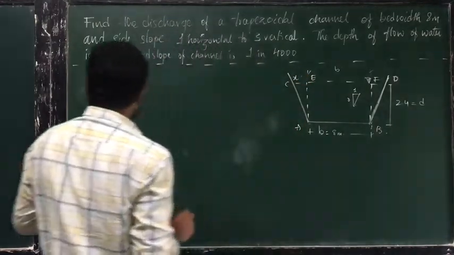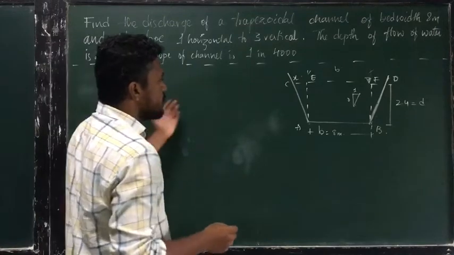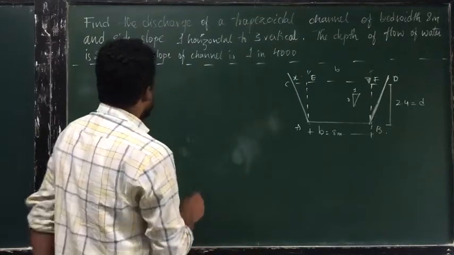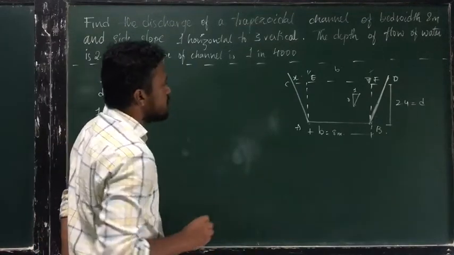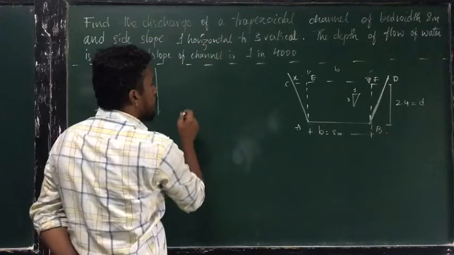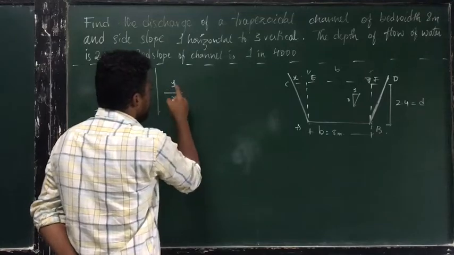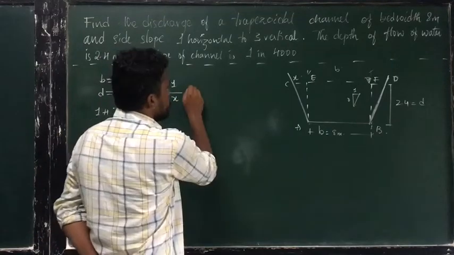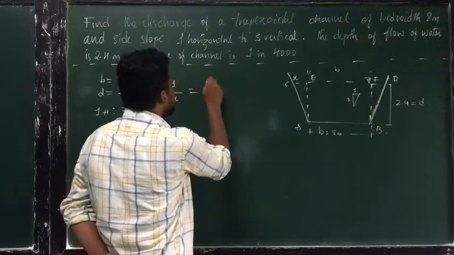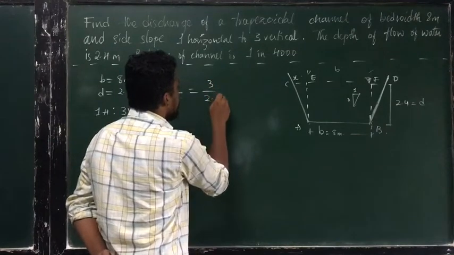Now you can use cross multiplication, or I am going to use this theorem: for horizontal value, 1 by x is equal to 3 by 2.4.